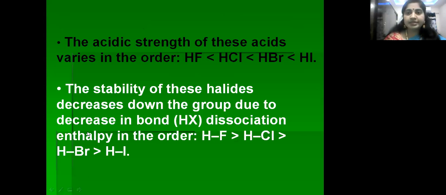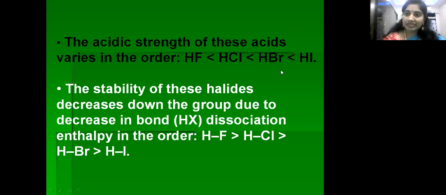Next, the acidic strength of these acids varies in the order HF is less than HCl, less than HBr, less than HI. So HI is more acidic when compared with HF. What's the reason? Going from top to bottom, atomic size increases. So HI has more bond length. The more the bond length, the less the bond dissociation enthalpy.